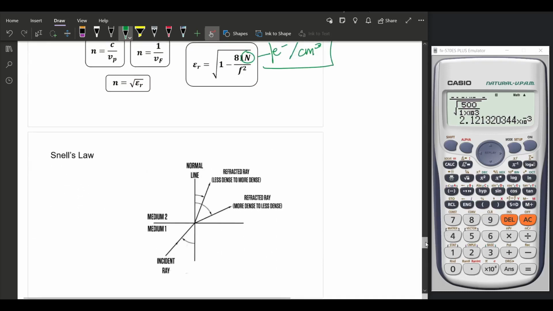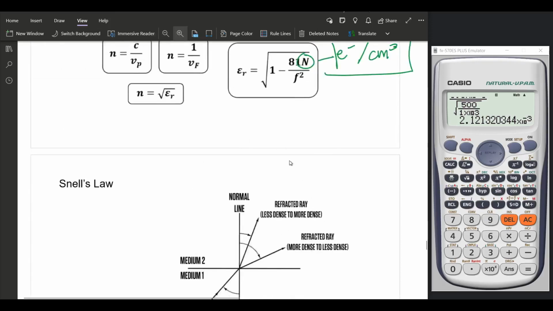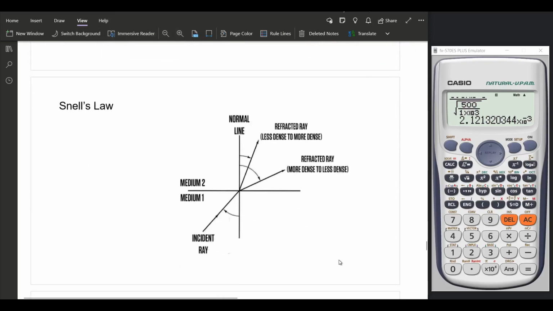Okay? So, yung refraction ng wave is actually depende dun sa ano. So, ganito siya. Let's say, for example, zoom natin ng konti. Yan. Let's say for example, yung nasa baba, yung medium 1. Yung nasa taas, yung medium 2. Okay? For example, this is your incident wave. So this is called the normal line.